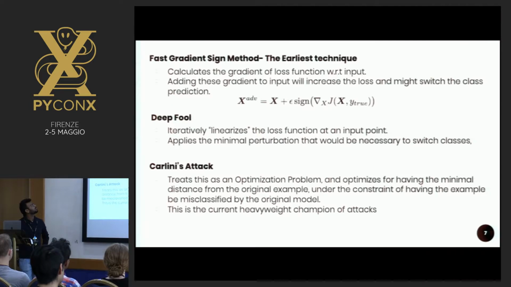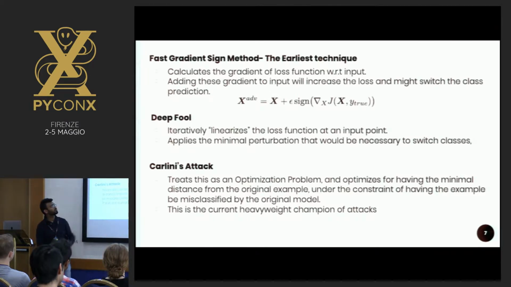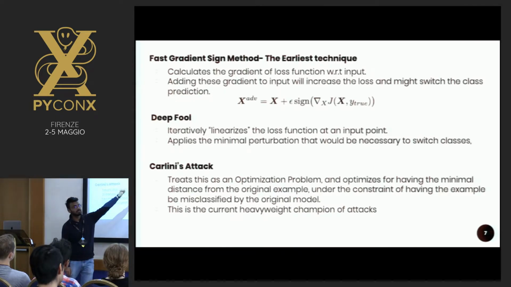So what are those algorithms? The first algorithm is the fast gradient sign method. This is one of the earliest methods used to generate an adversarial example. We have a clean image x, and we take the derivative of the loss function, defined as J, which takes the parameters, the input image x and the label y.